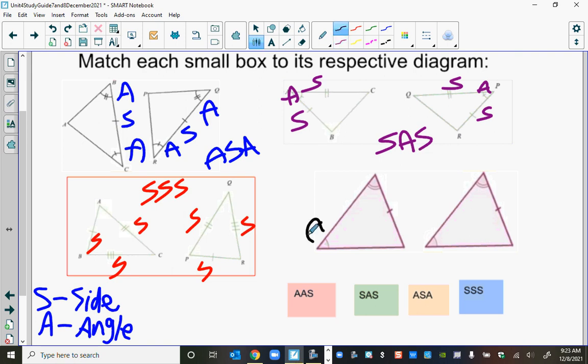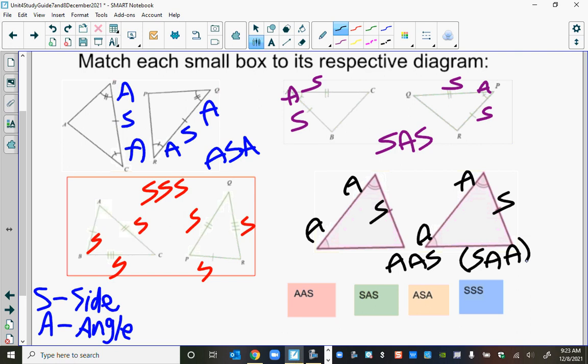You have your angle, then the side. So the two angles appear first, then you have your side. So that's an angle, side. Now, you could also say side, angle. I would have accepted that one too, for angle, side, or side, angle. All right, questions?